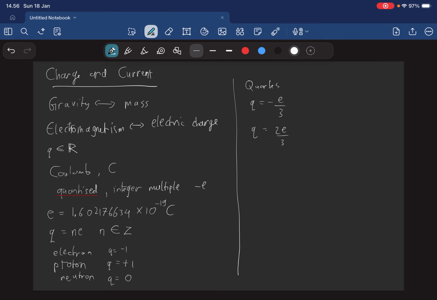One of the key goals of this course is to move beyond the dynamics of point particles and onto the dynamics of continuous objects known as fields. To aid in this, it's useful to consider the charge density, which is rho, a function of x and t, defined as charge per unit volume.